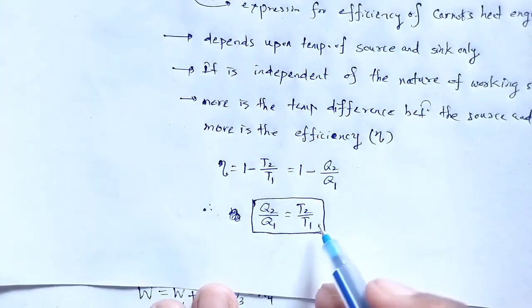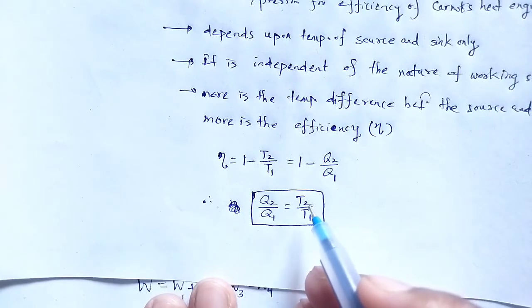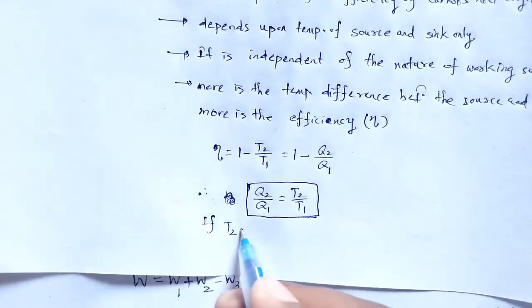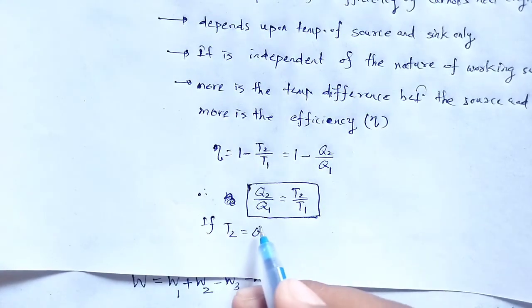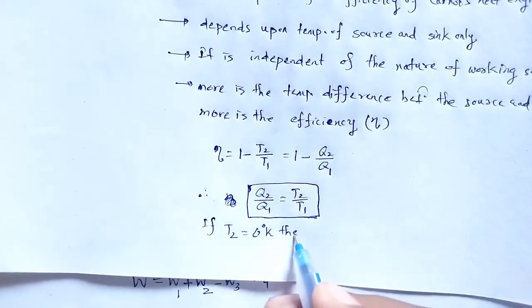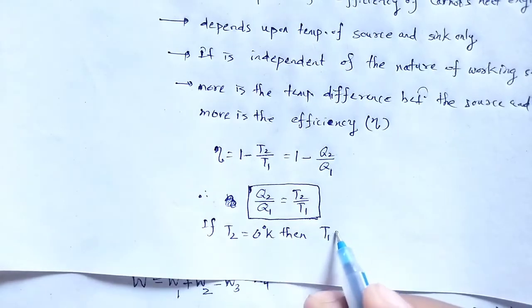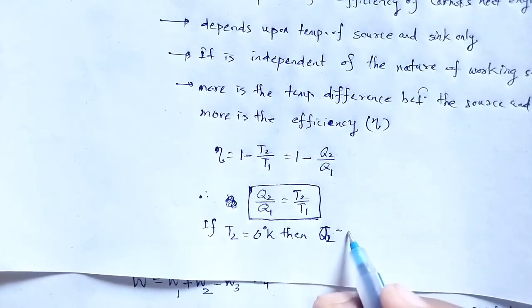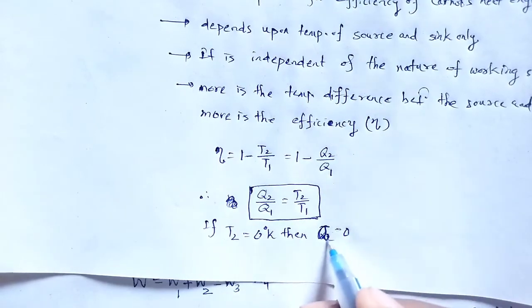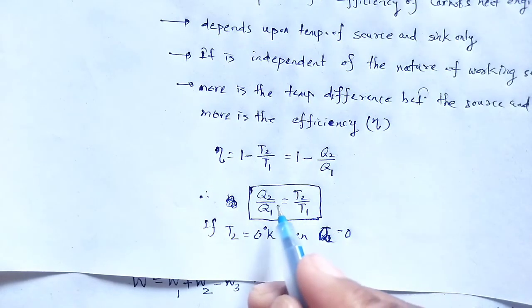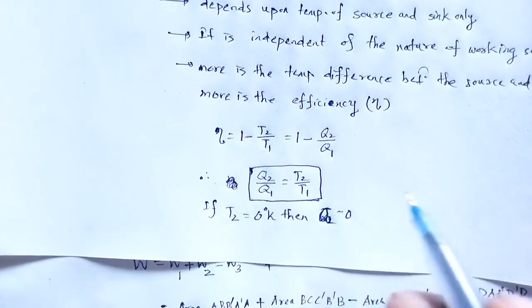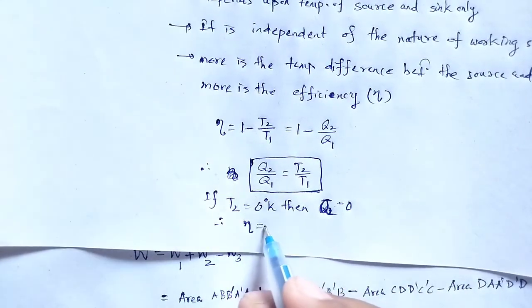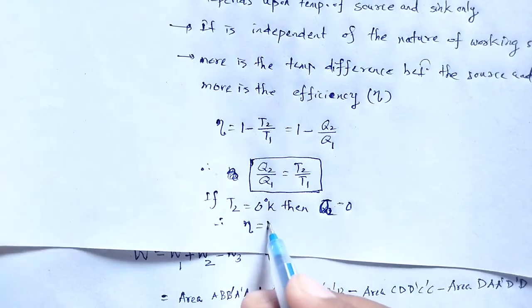In that case, if T2 is 0 degree Kelvin, then Q2 is also 0, and putting that value here, eta is equal to 1.